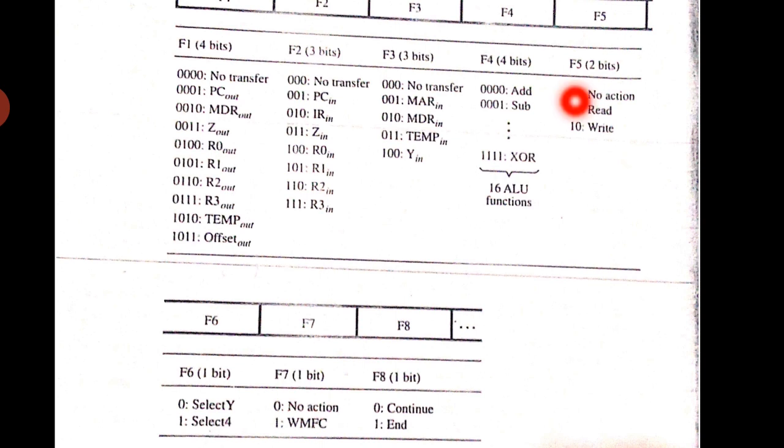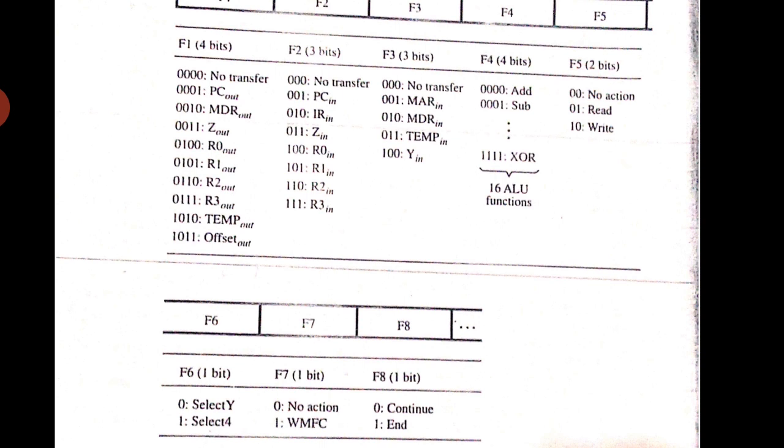Next, the read and write operations come under the fifth group, F5. They are represented, or selected, by using 2 bits. If we give 01, then a read operation is selected. If we give 10, then a write operation is selected under F5.